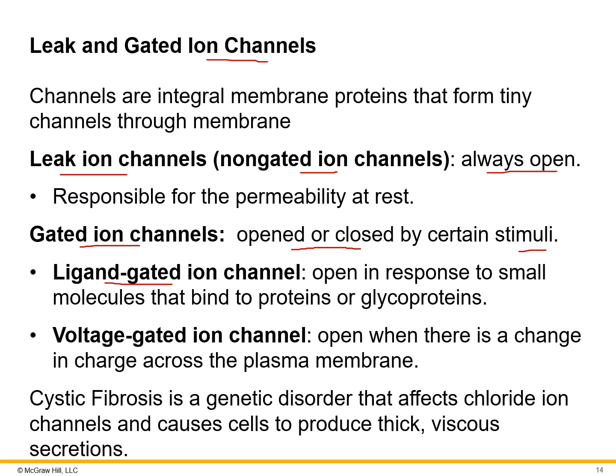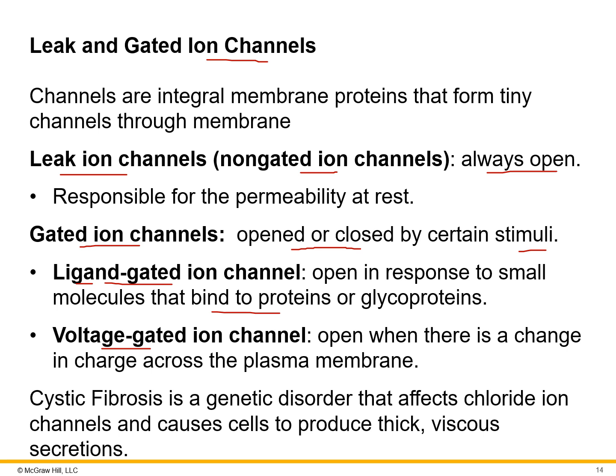There are ligand-gated ion channels. So these open based on a molecule called a ligand that physically binds to the protein or glycoprotein that activates it. And then voltage-gated, back to that membrane potential where we have opposite charges, the outside being more positive, inside more negative.